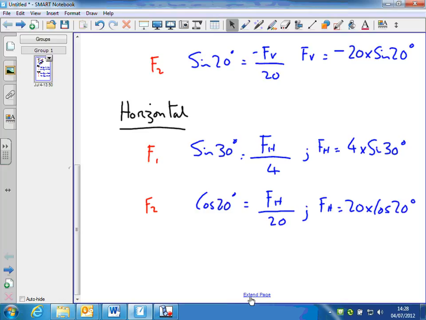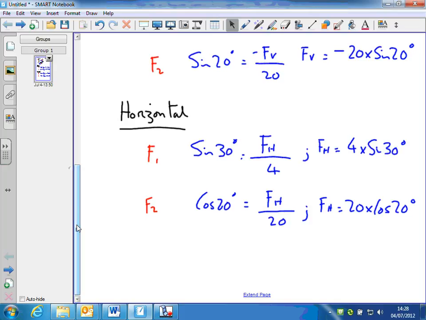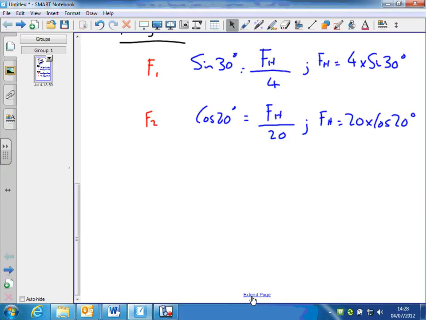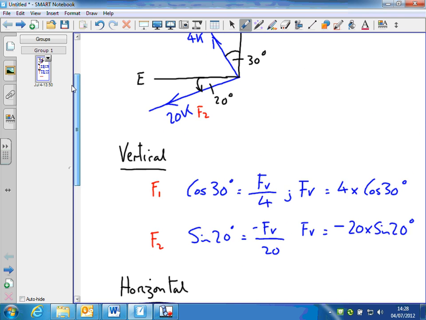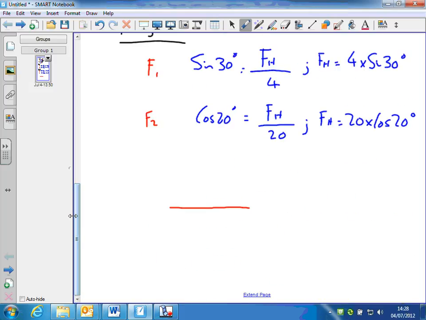And now when I've done that, I can add the two horizontal and two vertical components together and form the triangle. So horizontal components are going to be this way, vertical components will probably be, well, I'm guessing where that will be, but it'll come out positive or negative, so you'll tell.